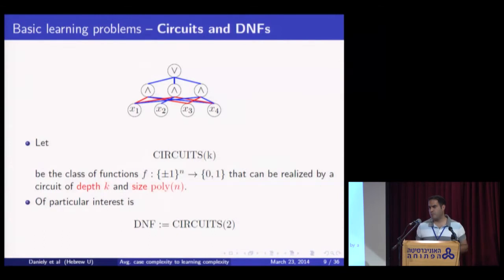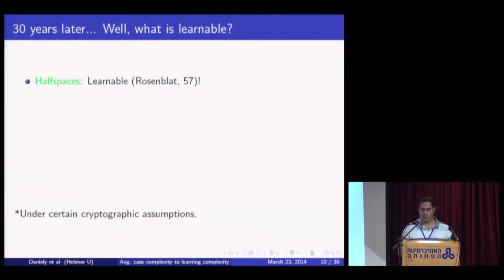Okay, so these are maybe the three most basic hypothesis classes in machine learning, and let's see what we know about these classes today after 30 years of research. So let's start with something we do know. We do know that we can learn the class of half spaces efficiently. We know that already from almost 20 years before the introduction of the PAC model.